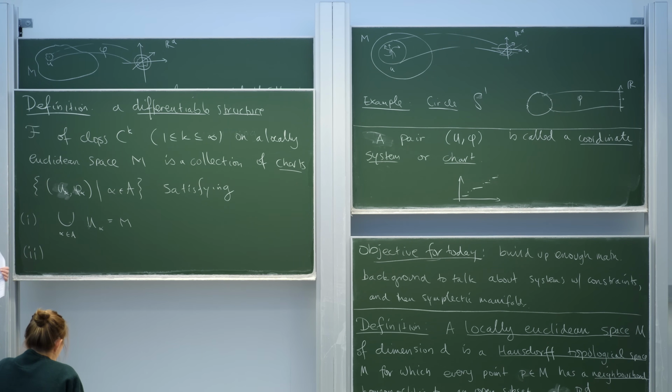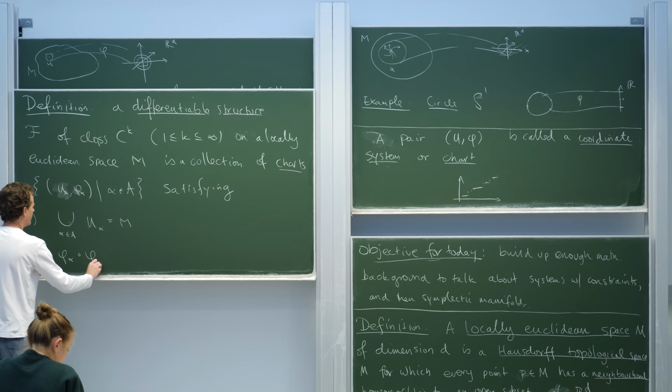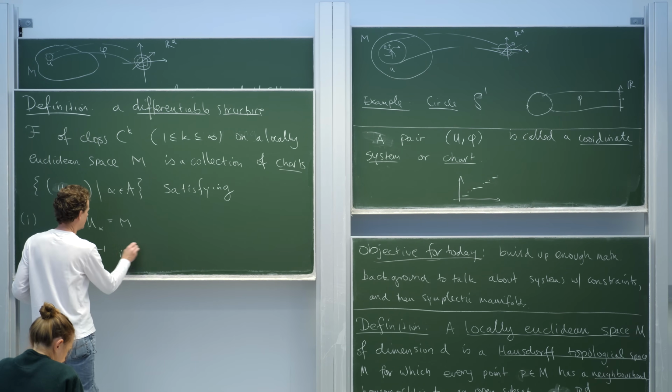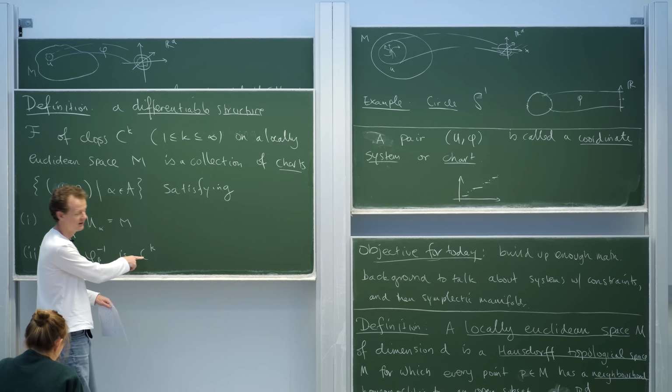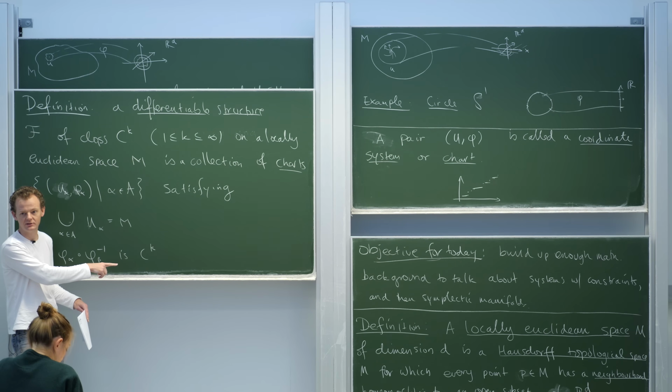And here's the more important one, that is that these charts, these coordinate systems, are in some sense smooth enough that we can take derivatives. And that's what this next condition tells us, that phi alpha composed with phi beta inverse is k times differentiable. See, k means k times differentiable.